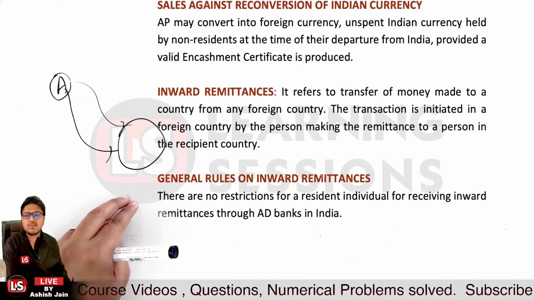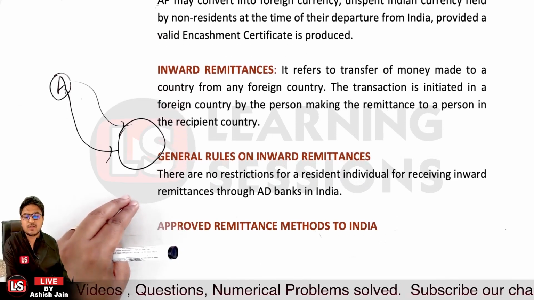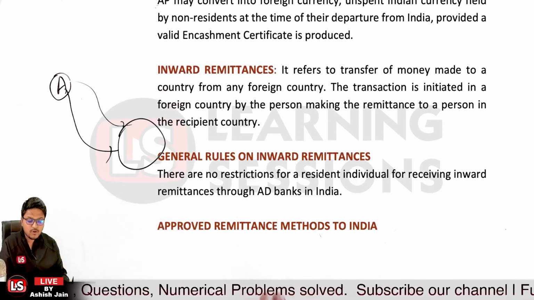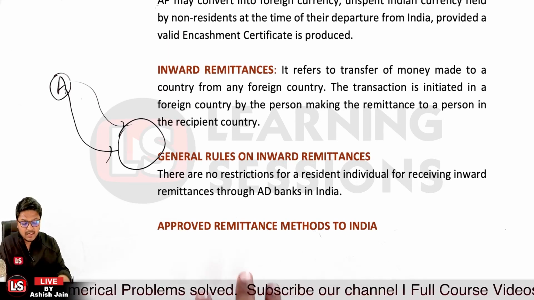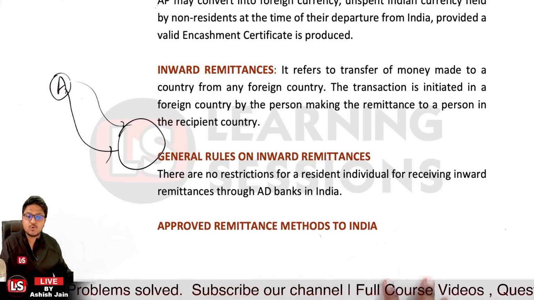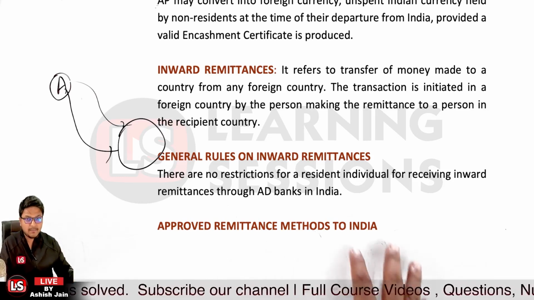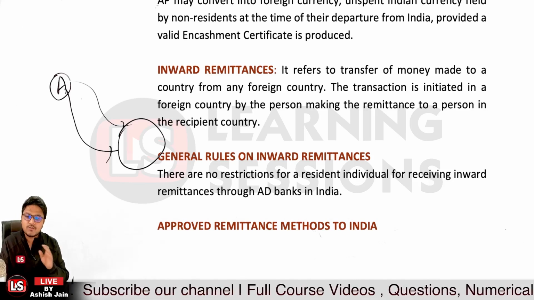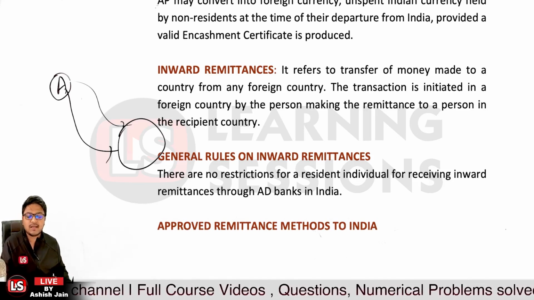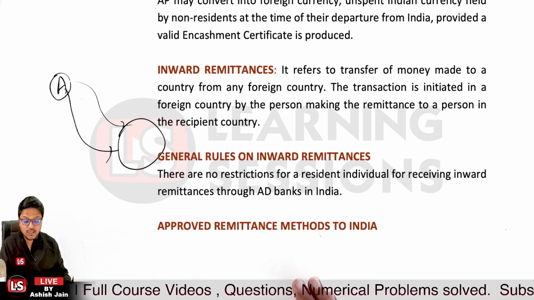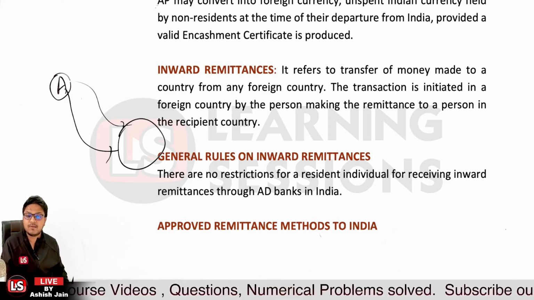Now let's learn the general rules on inward remittances. There is no restriction related to the amount which can be received by a resident individual as inward remittances through the authorized dealer banks in India. But as I told you earlier, whatever amount is to be received is to be done through the authorized dealers only. None other can receive the amount directly from a person outside India.